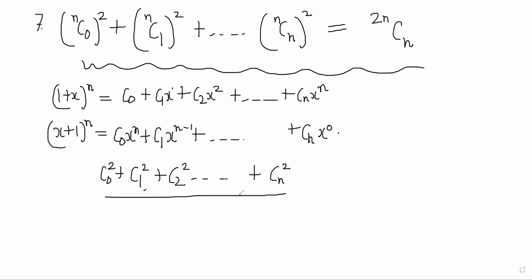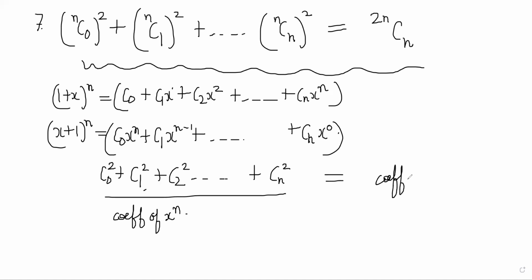That is the coefficient of x power n in the product of this series and this series, right? So that should be equal to the coefficient of x power n in the product of these two, right? So that will be (1 plus x) power 2n, which gives 2nCn. So that is my proof, correct?